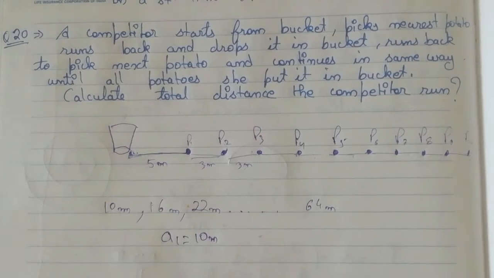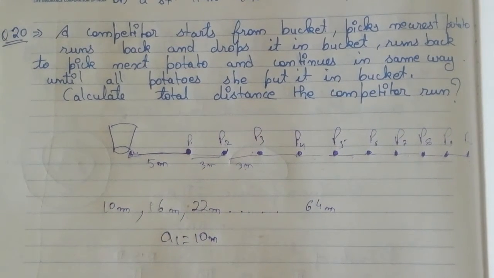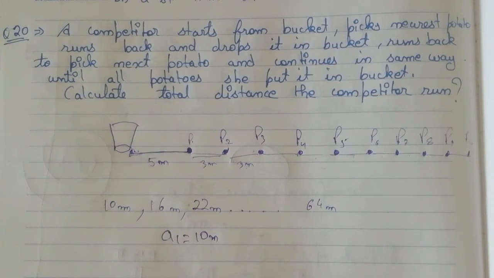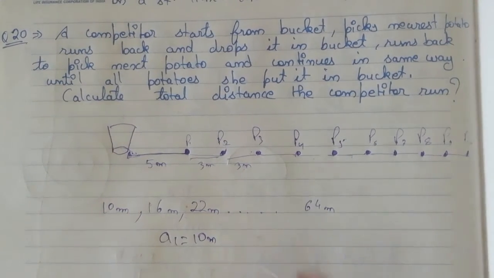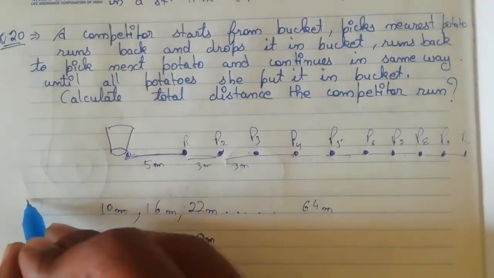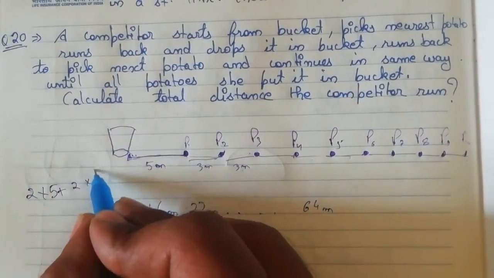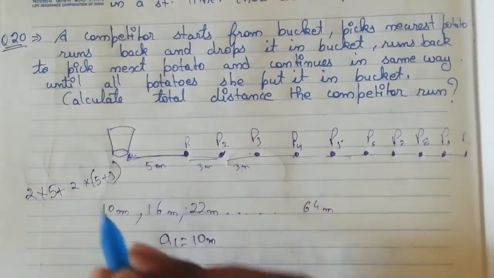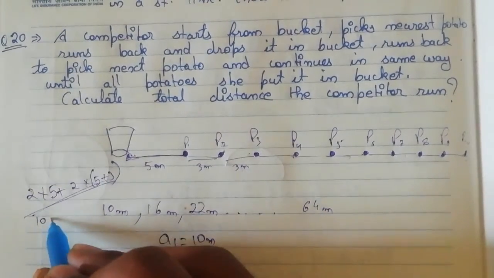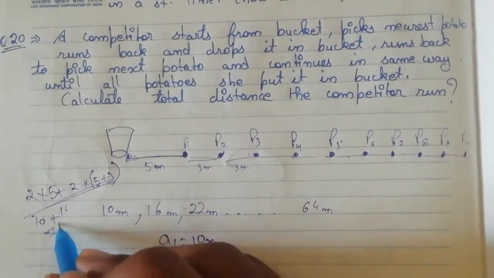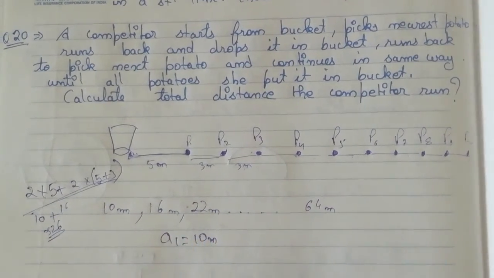Look, there is an easy way to calculate this, as the distance can also be written as 2 into 5, plus 2 into 5 plus 3, so here we have 10 plus 16, which is 26.